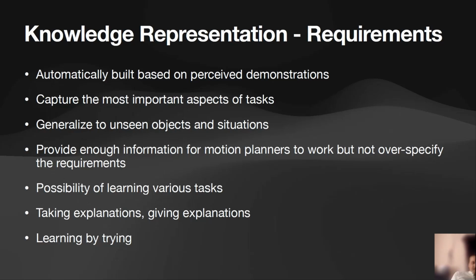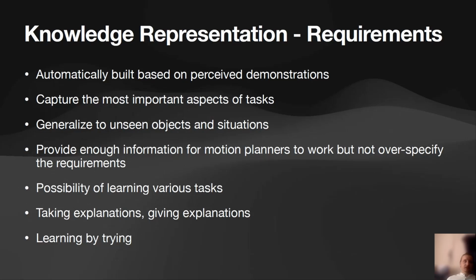First, I have laid down some requirements for the knowledge representation. First, it should be automatically built based on perceived demonstrations. So I don't want hand annotations. I just want to provide an image and get back some meaningful description of the scene. It should capture the most important aspects of the tasks, but not too many of them.